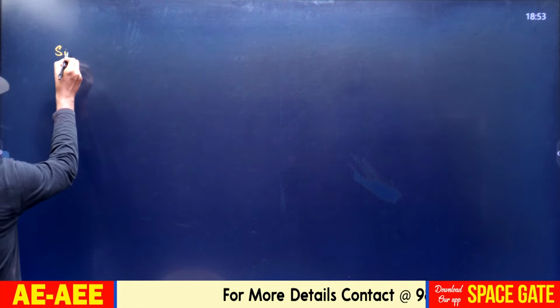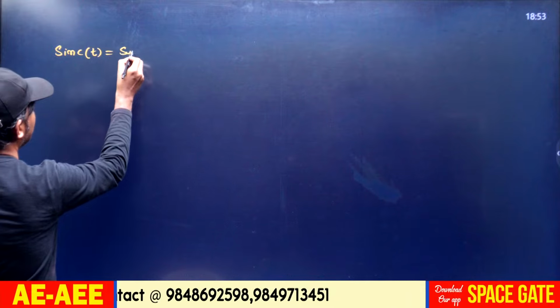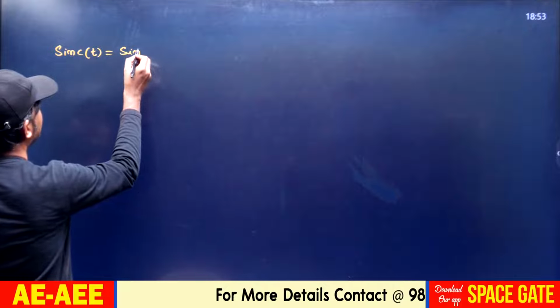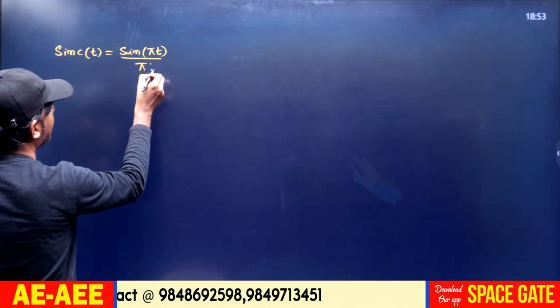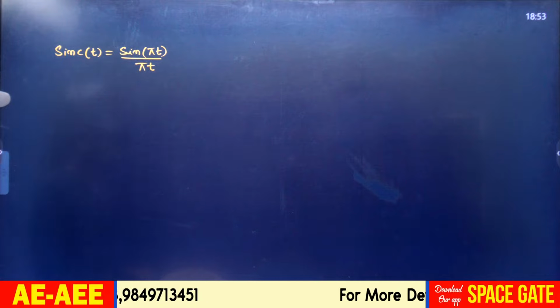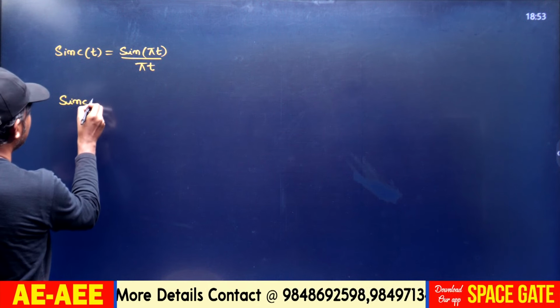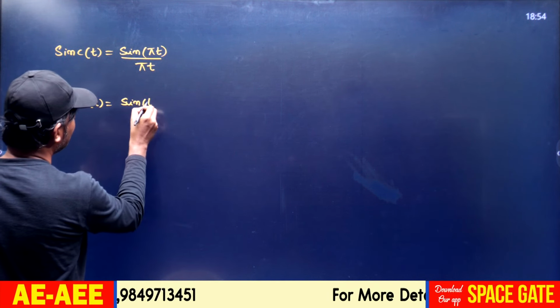Basically sinc of t is sin pi t by pi t, right? Some textbooks take sinc t as sin t by t only.